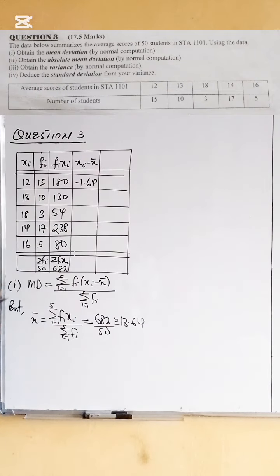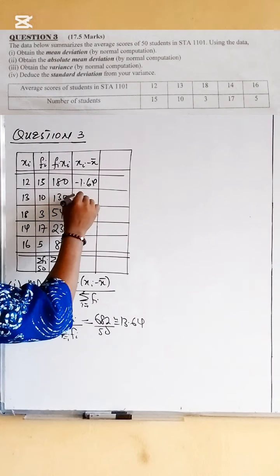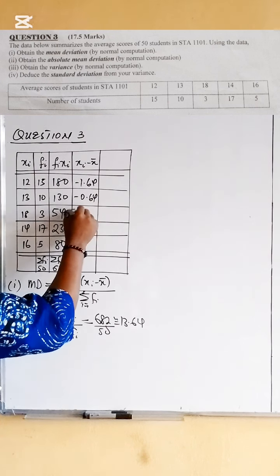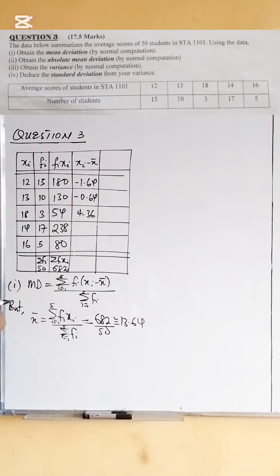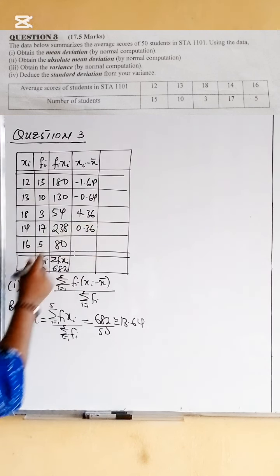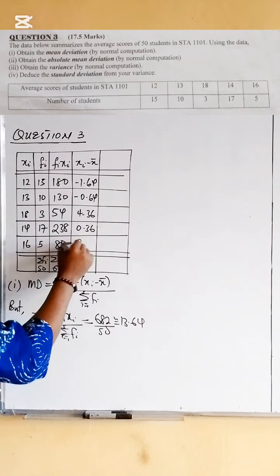Then 13 minus 13.64 will give us minus 0.64. Then 18 minus 13.64 will give us 4.36. Then comes 14 minus 13.64, which will give us 0.36. Then 16 minus 13.64 gives us 2.36.